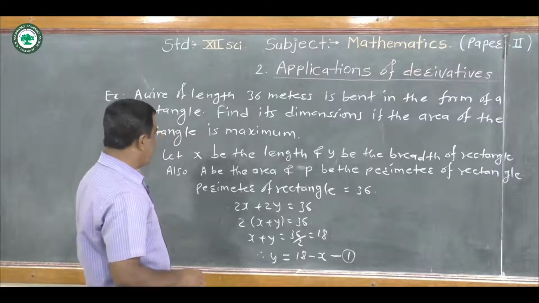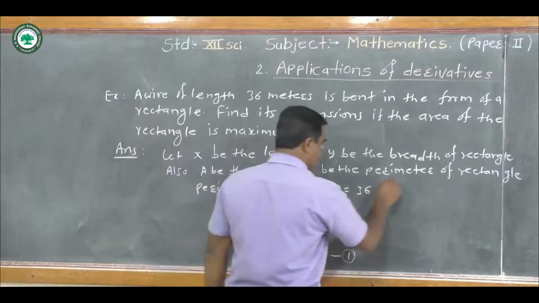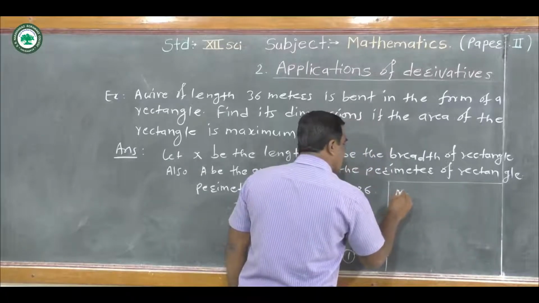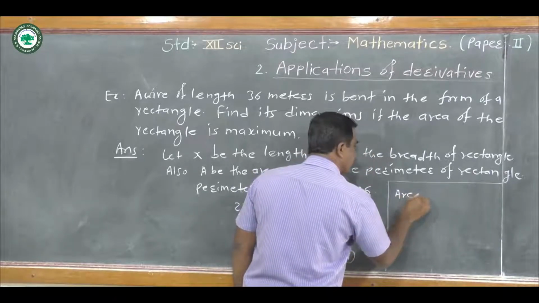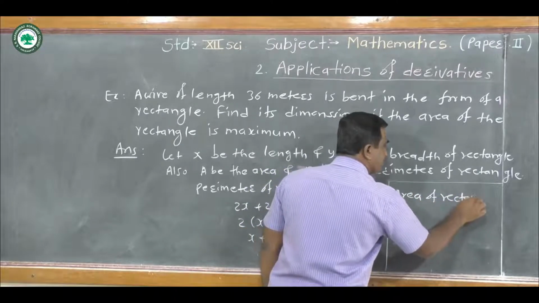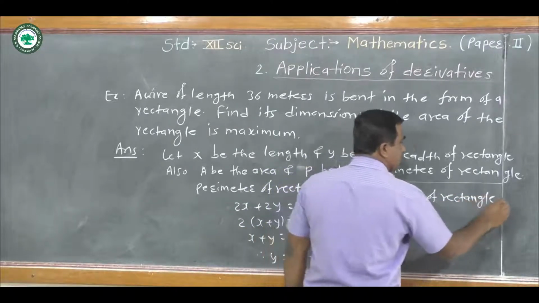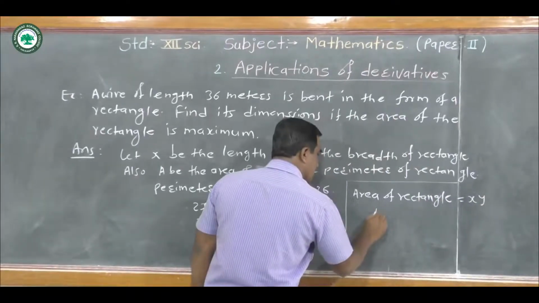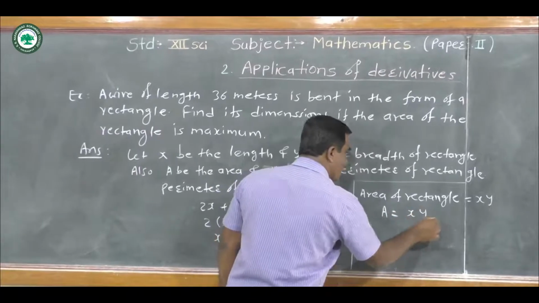Now also you know that the area of a rectangle is equal to length into breadth, that is x into y. That is A is equal to x into y.